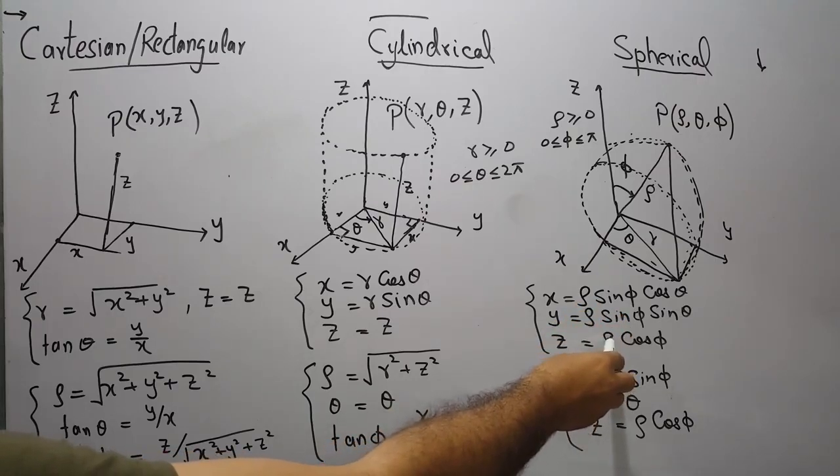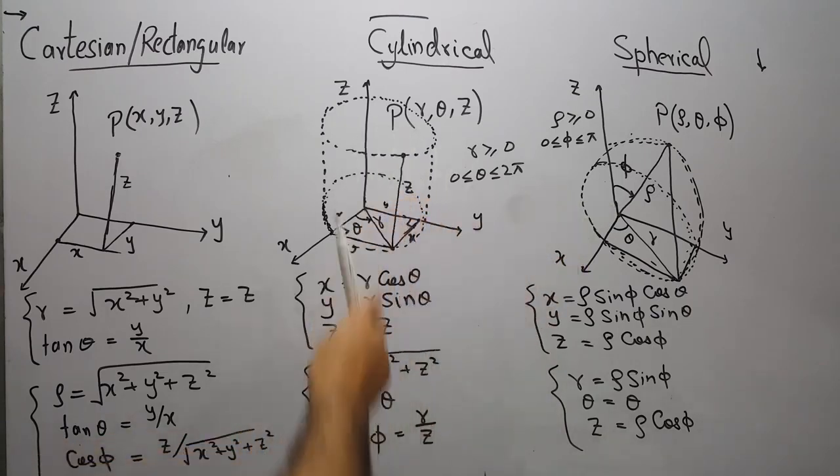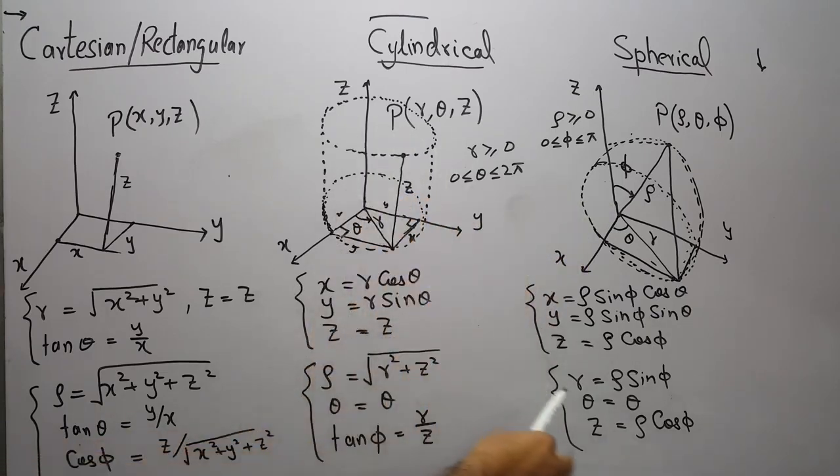So you can find the x, y, z rectangular coordinates using these formulas. And if you want to transform spherical into cylindrical, then theta is not changing, so theta will remain the same. R is now rho sin phi, z is rho cos phi. So you can substitute the values and transform from one coordinate system to another.